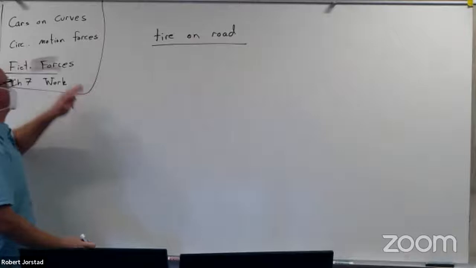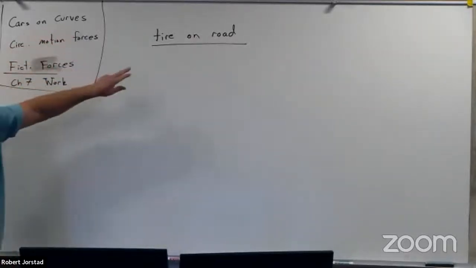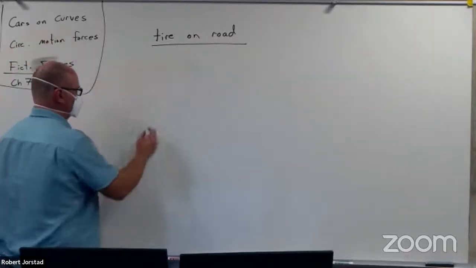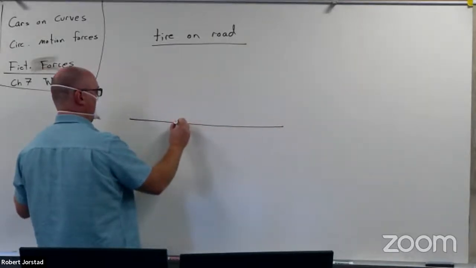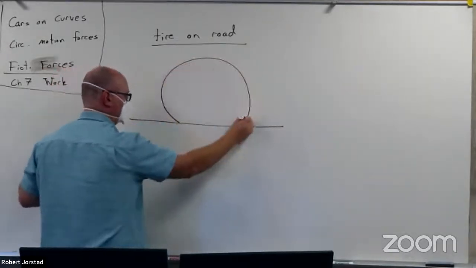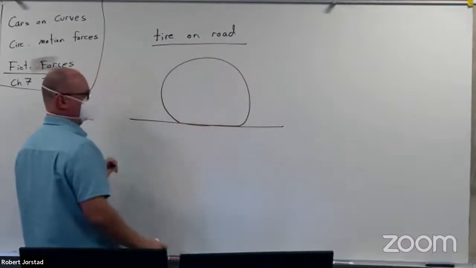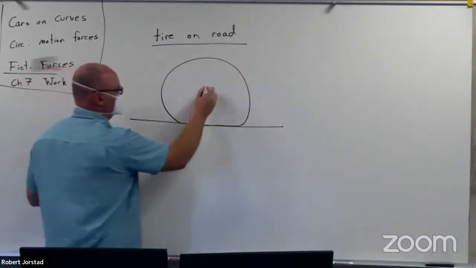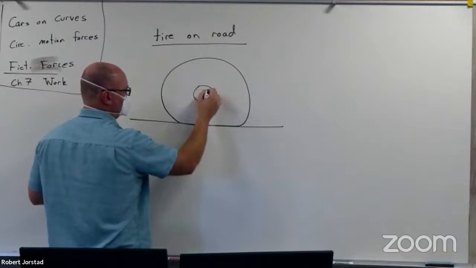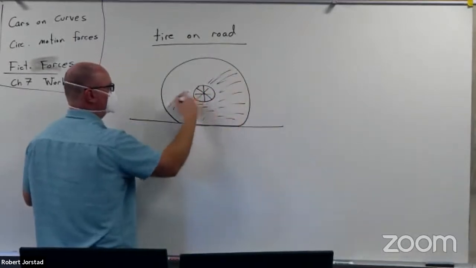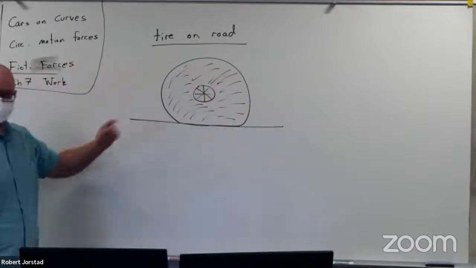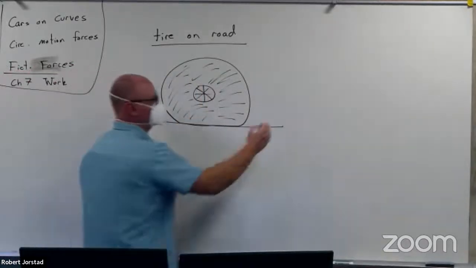If we want to understand cars driving on curves, I feel it's worth spending just a minute on this. So imagine, let's make this over dramatic, the tire is partially flat here. This is the hub or something. So we've got this tire, and it's constantly smushing and unsmushing.